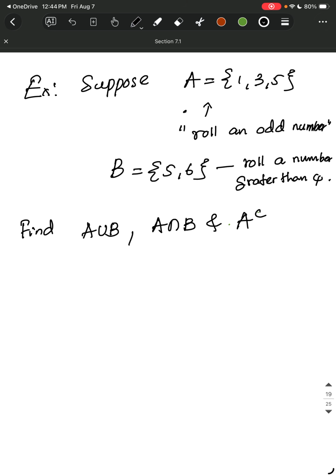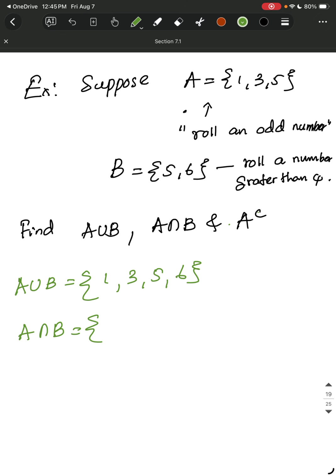Okay, let's begin with A union B. A union B, the answer should be {1, 3, 5, 6}. A intersection B is {5}.